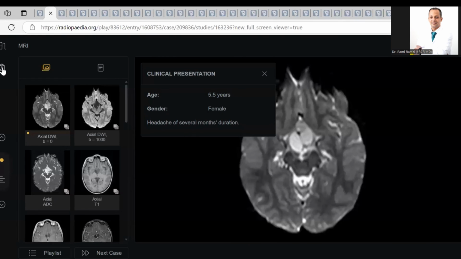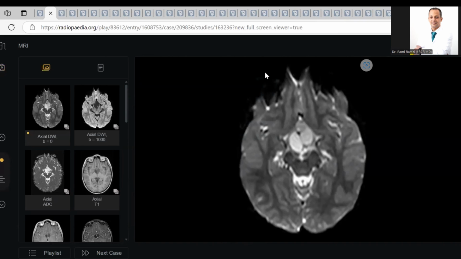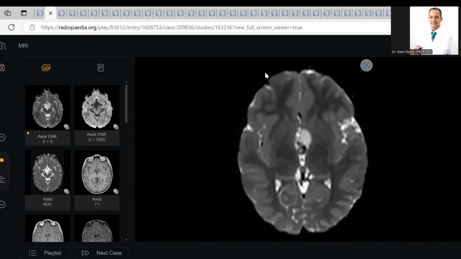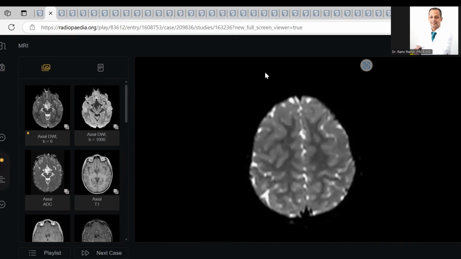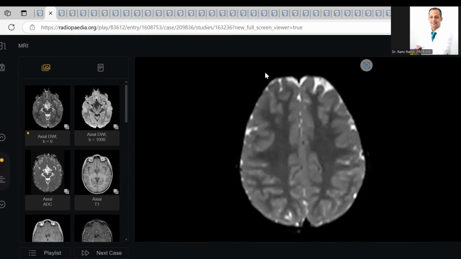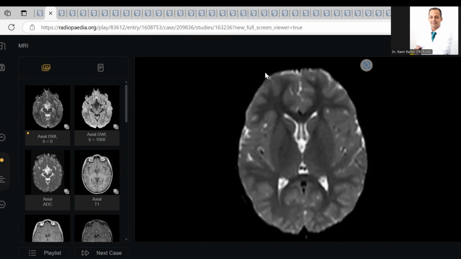A 5.5-year-old female patient, her mother complaining of headache of several months duration of her child. So I am presented with T2 weighted axial images of a small child.